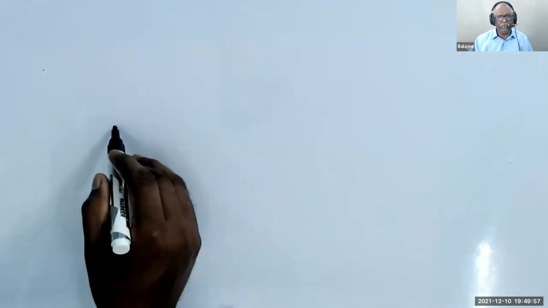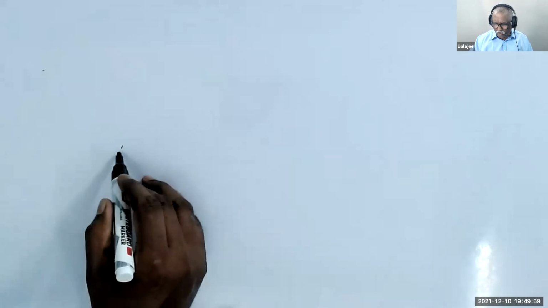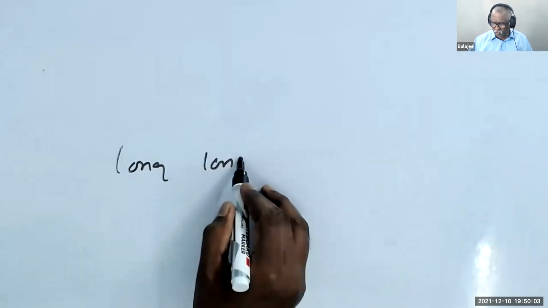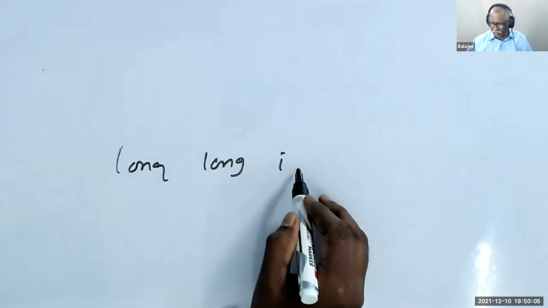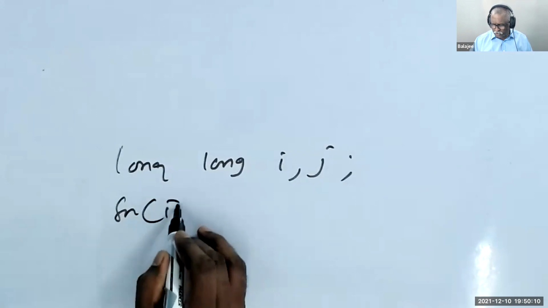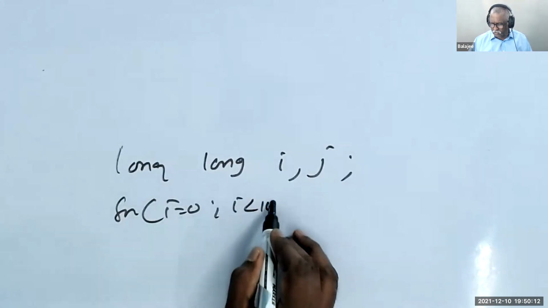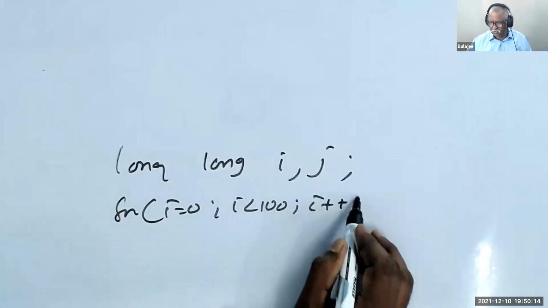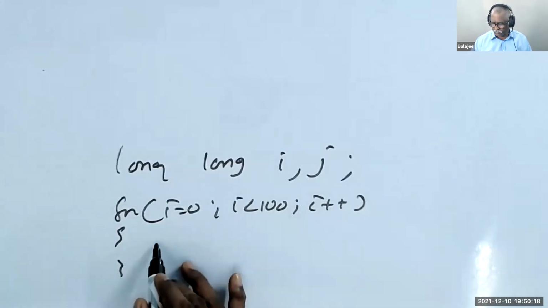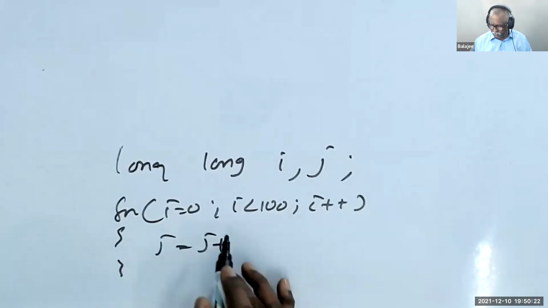Now I write a C program: long i, j; for i = 0, i less than 100, i++, j = j + i.